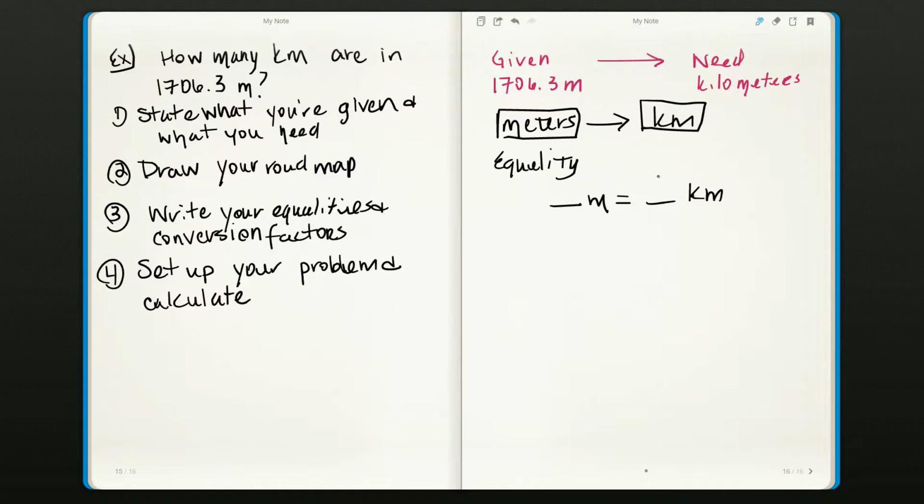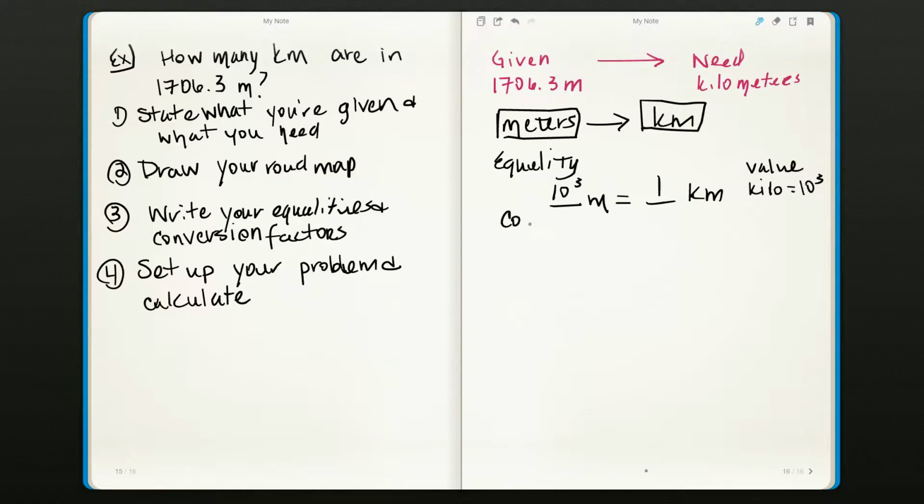Okay, so write a 1 in your prefix, and then the value of kilo equals 10 to the third. Okay, so now we write our value in the other blank.